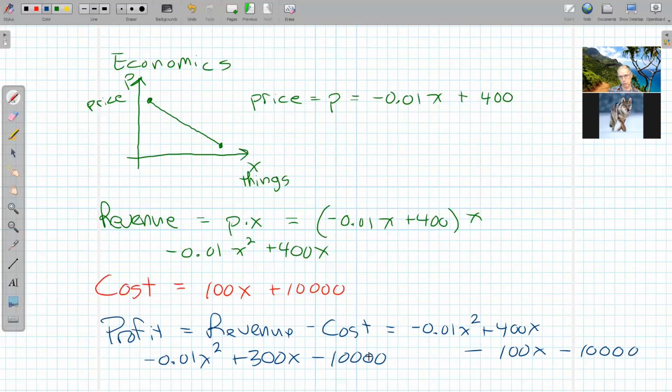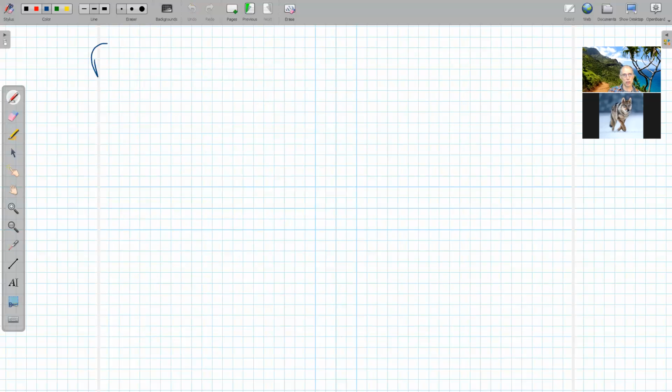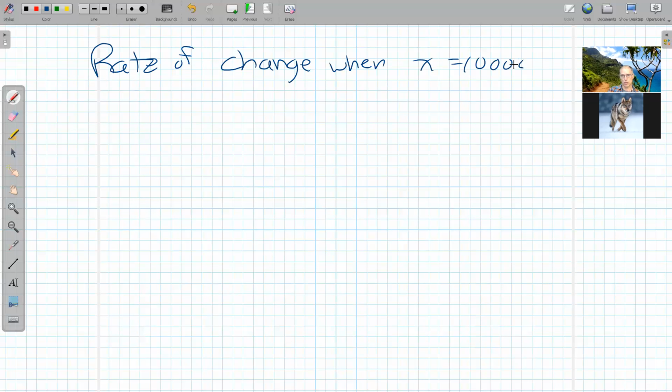And what we want to do is calculate what's the rate of change when we're making and selling about 10,000 items. Now, again, we're trying to find rate of change.